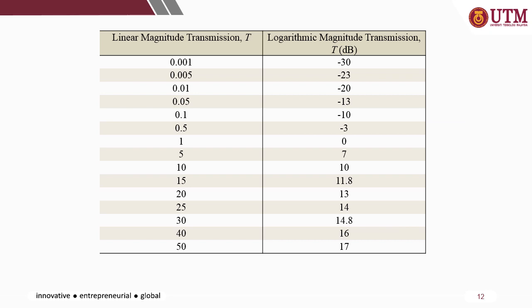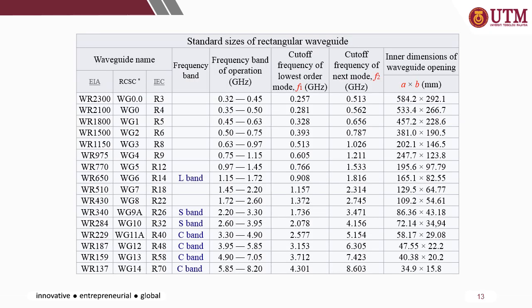You can try to check this out, just a basic conversion. The following tables show the commercially available waveguide structures and their frequency of operation, the cutoff frequency, minimum and maximum, and also their dimensions. It covers various frequency bands, L band, S band, C band, X band, and so on.